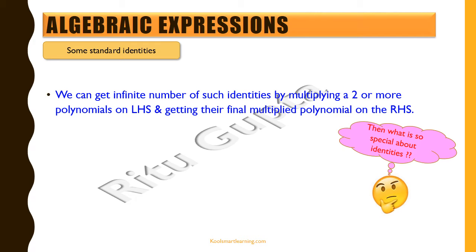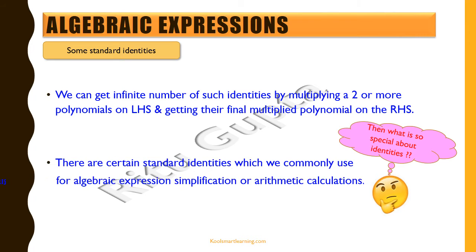Now if we can get an infinite number of such identities, what is the need to talk about them? What is so special about them? Let's understand what is so special about them. Yes, there are certain standard identities which we commonly use for algebraic expression simplification and arithmetic calculations.